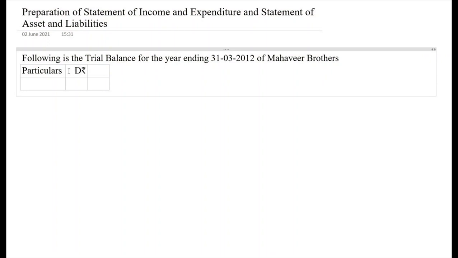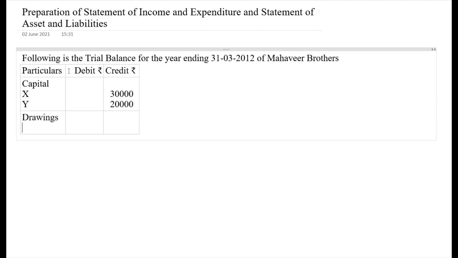So this is debit here, then credit in rupees. Now let us go one by one. Capital X, Y: the capital balance of X is 30,000, whereas Y is 20,000.